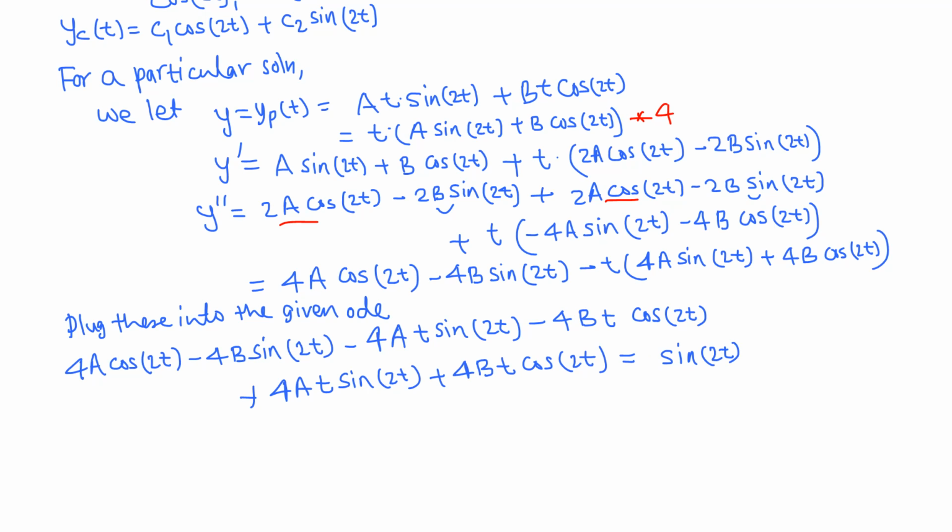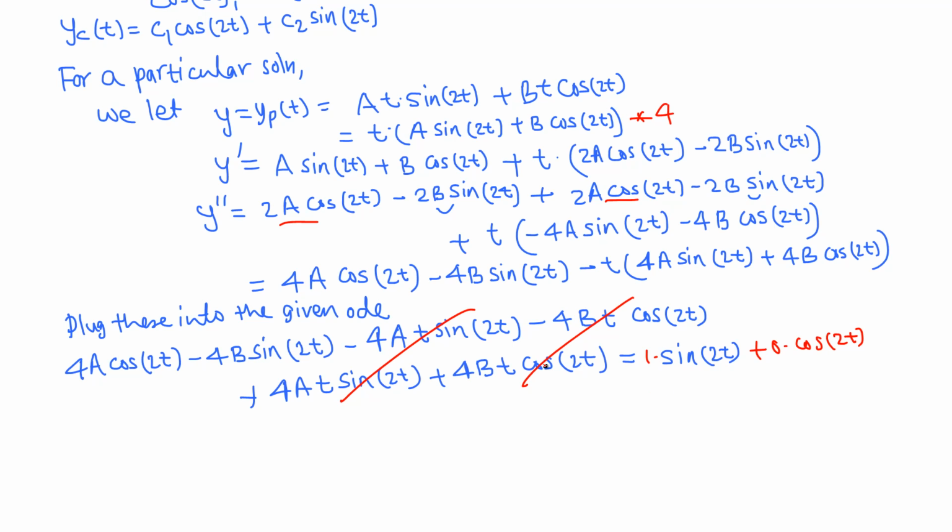Let's simplify the left hand side. Negative 4at sine 2t and positive 4at sine 2t cancel, and the bt cosine terms cancel as well, and now we have 4a cosine 2t minus 4b sine 2t equal to 1 sine 2t. There is 1 sine 2t and 0 cosine 2t.